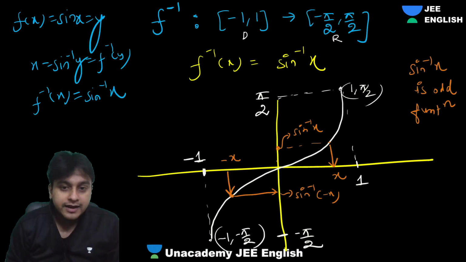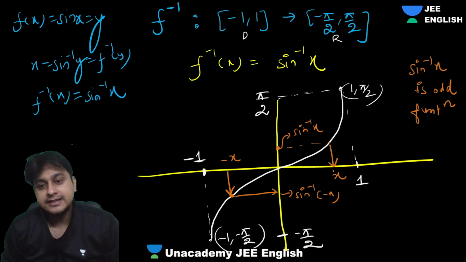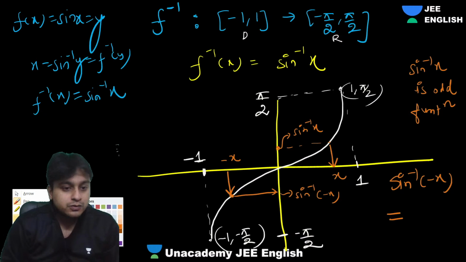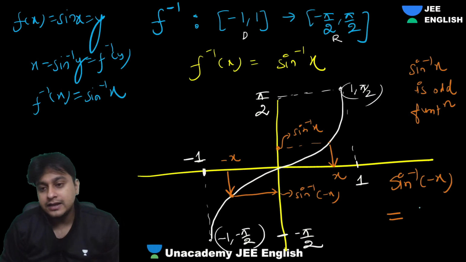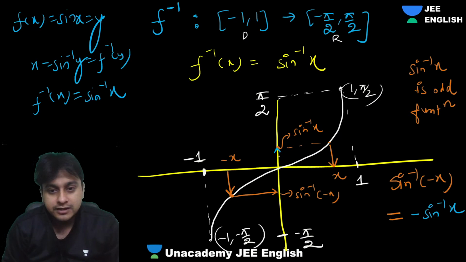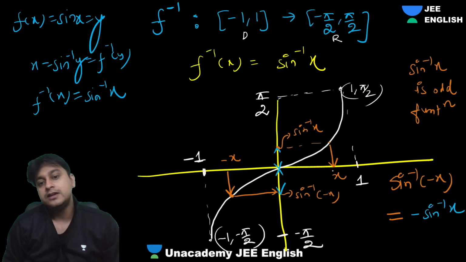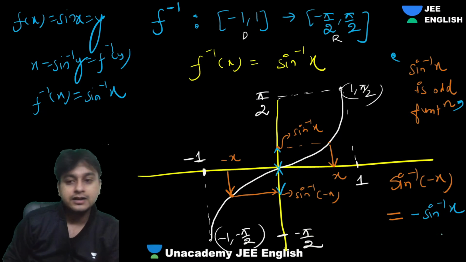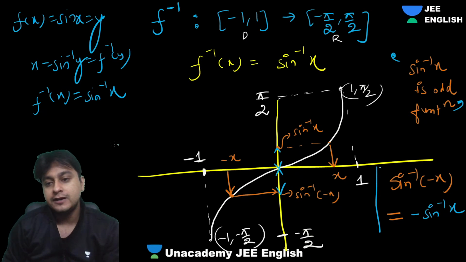Can I say both are negative of each other? Yes. Can I say that sine inverse of minus x will be equal to minus sine inverse x? Both are negative of each other, right? This is up, this is down. So this is an odd function. Sine inverse x is an odd function, right? Everyone understood? So this is property number 1 which I have discussed with you here itself.